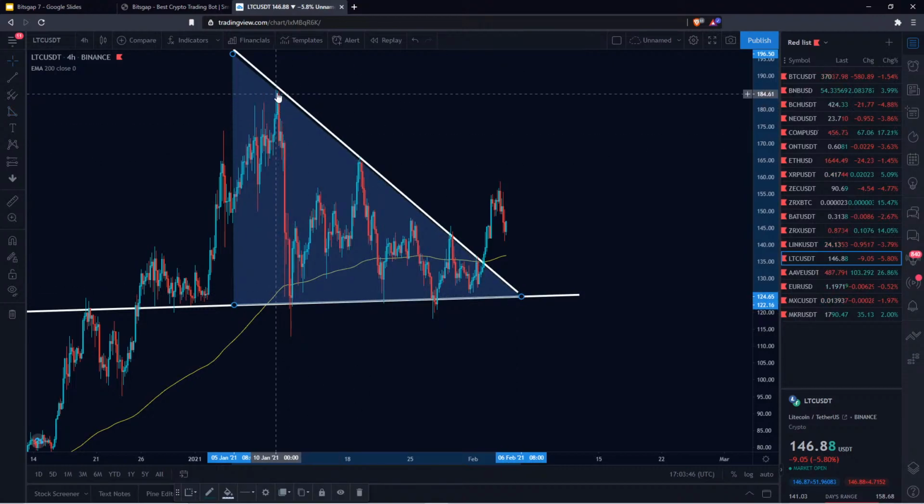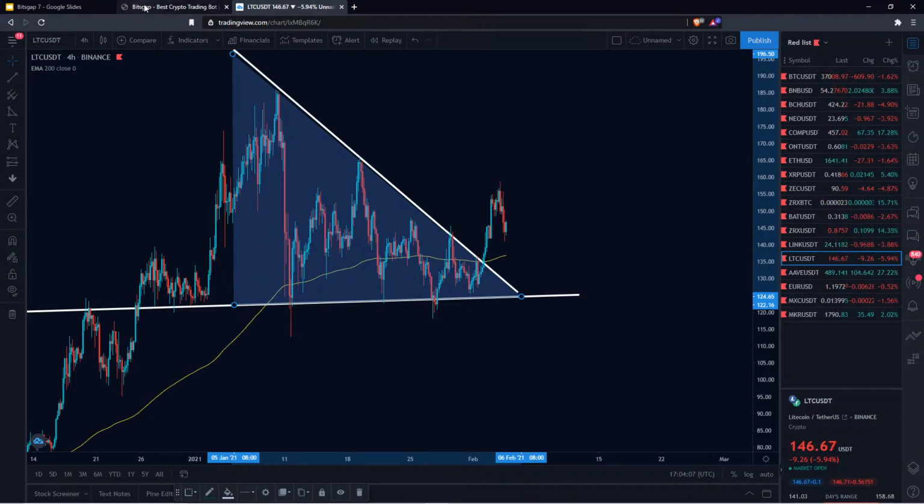So you see, sellers were pushing the price down, but buyers were also strong enough to sustain this support line. And once you see the breach of the resistance, this can be like an indicator that the price may continue the rally.